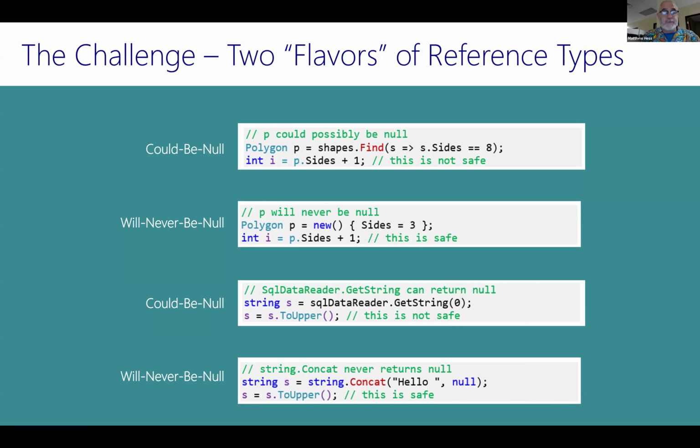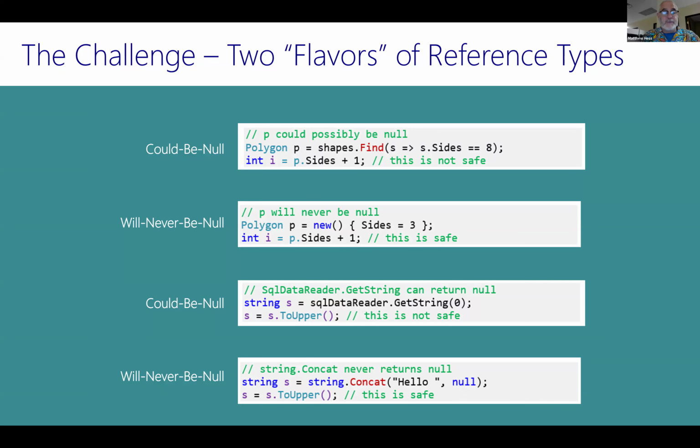And so let's take a look at some examples. This first one, if we say Polygon p equals shapes.Find and look for an octagon. Now, this next line isn't safe, because if your shapes collection does not have an octagon in it, then polygon p will be null. So this is a case where, yeah, it very well could be null. And therefore, this is really not safe, and we would like a warning.